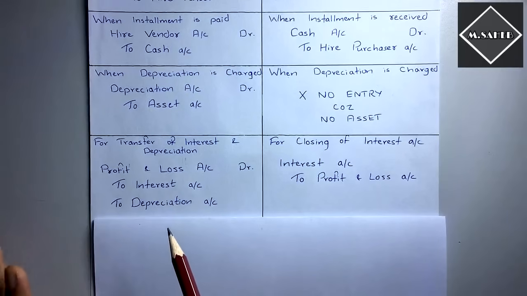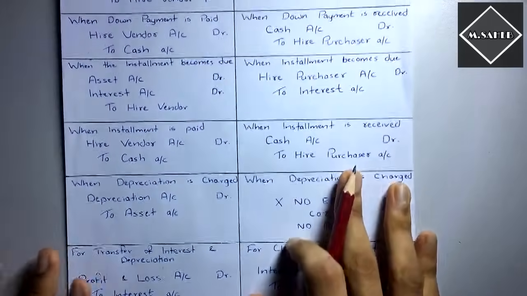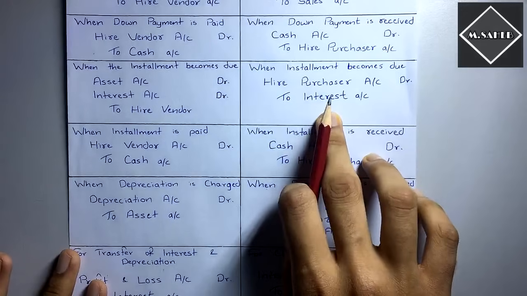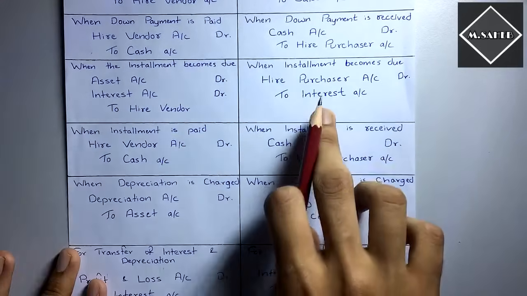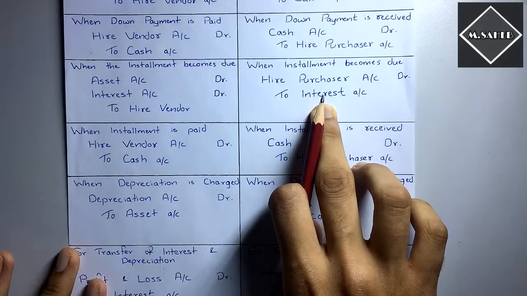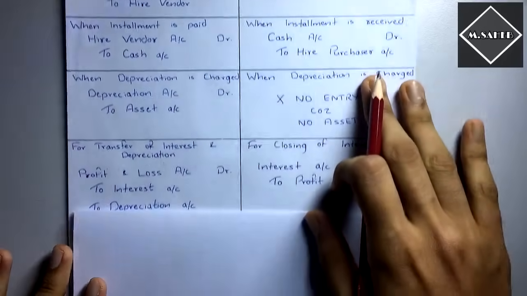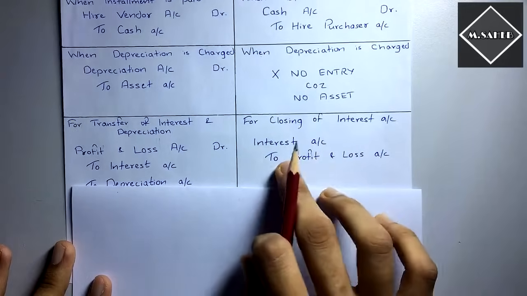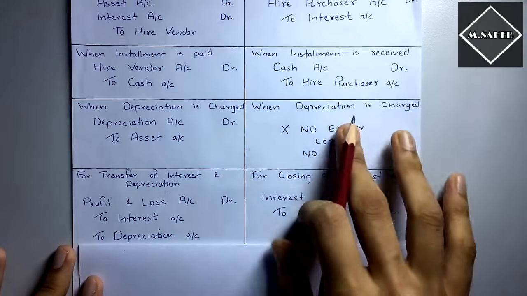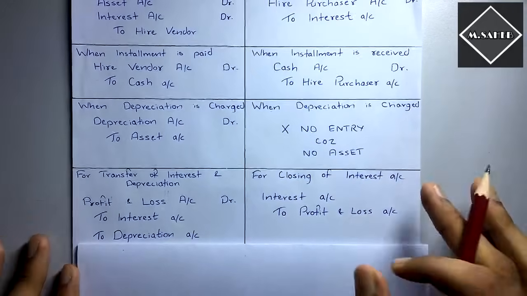But here there was no depreciation, only interest is there. And here interest was expense, but there interest is revenue, income. So that income will be debited over here, interest account debit to profit and loss account. If no depreciation, then you can't take depreciation over here.